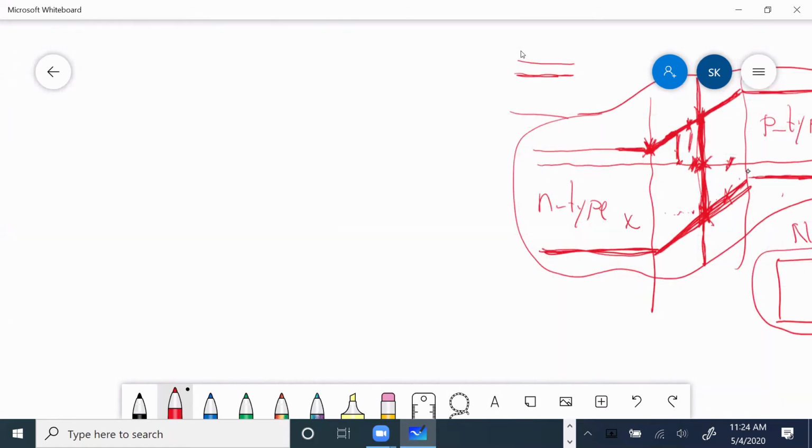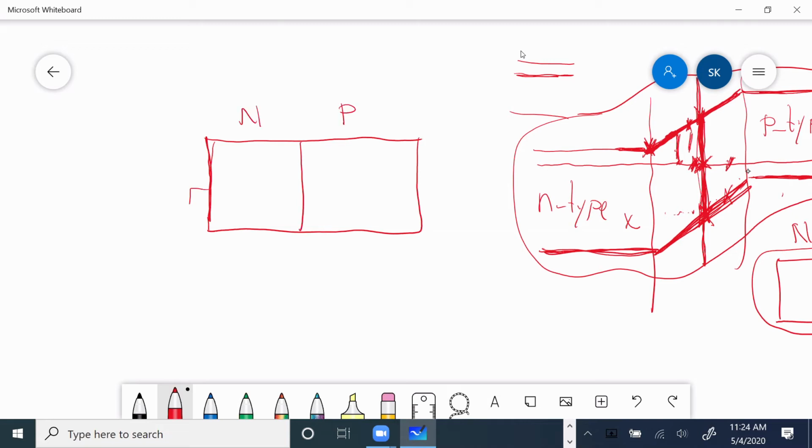Now, we can apply some external battery to the N and P, and we can connect this battery this way, or we can connect it this way. This is the negative pole of the battery and this is the positive pole.